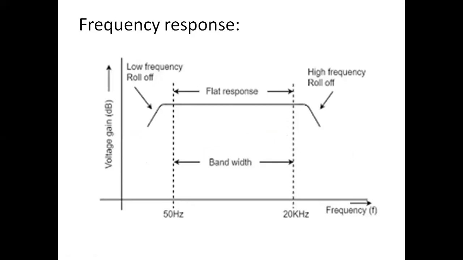Stray capacitances means the capacitances which appear internally. Because of those stray capacitances, we have lower gain at higher frequencies also. So at lower and higher frequencies the gain is reduced, and at mid-range of frequencies we get a flat response without any peak at any frequency.